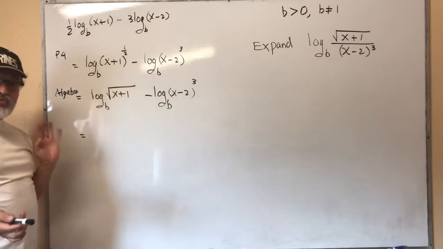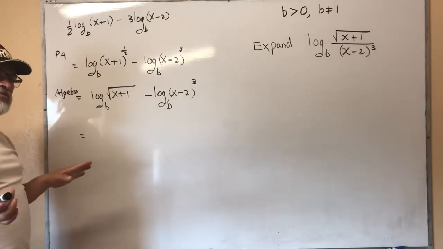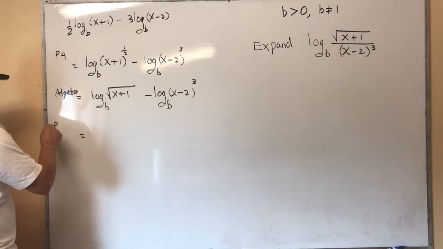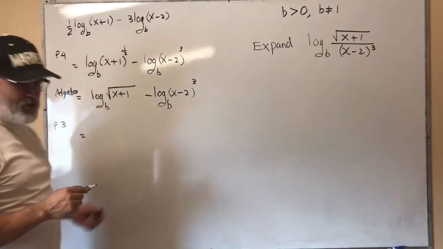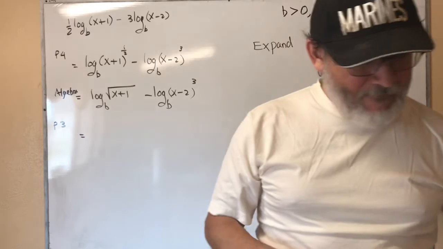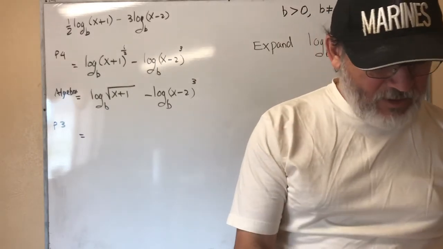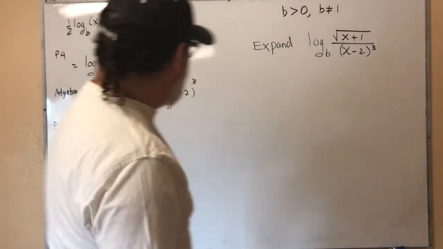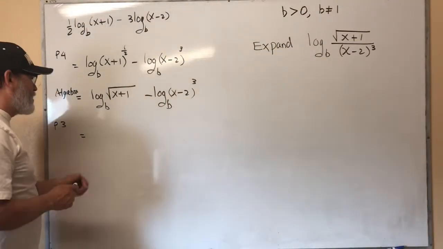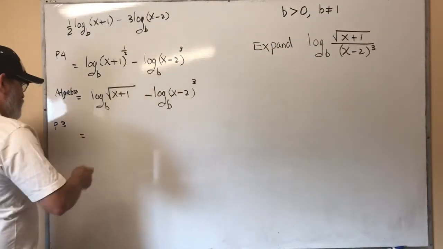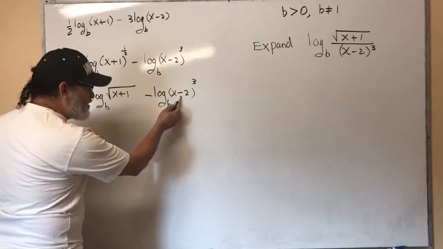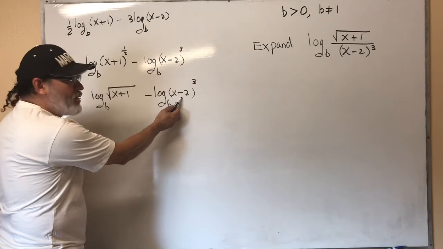By the quotient rule, I think that was property number 3, right? Let me see. Just want to make sure that I quote them correctly. Yeah. By property number 3, okay, this is the quotient rule. So this becomes, remember this is being subtracted, this must be the denominator.